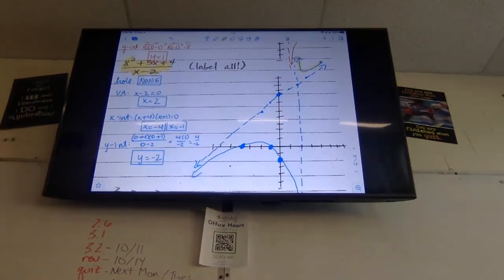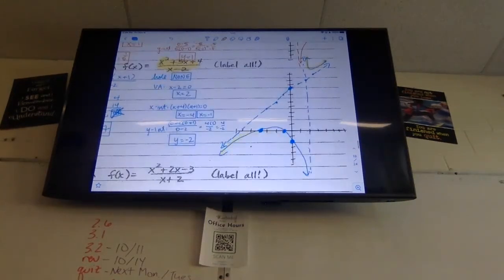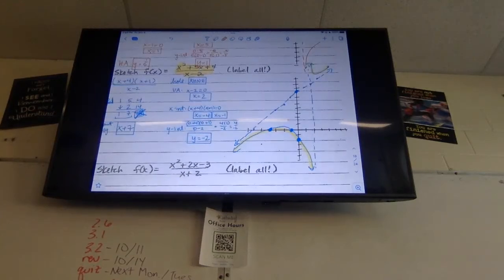So I've got a line up here, and then this line down here. The only weird thing we did here was that slant asymptote. Let's do another one like this.